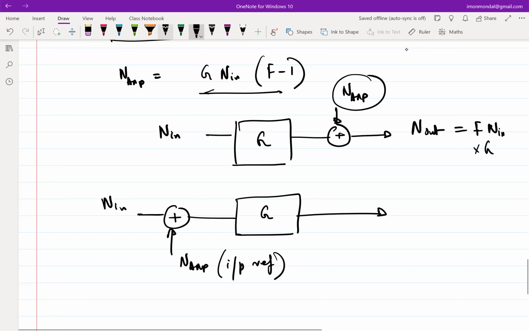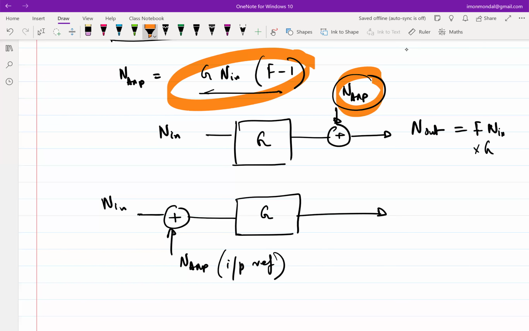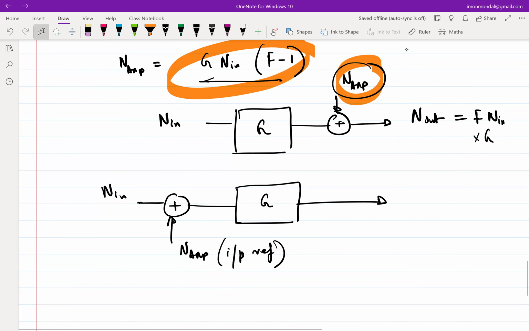Note that in this case, N amp is this, and I am referring it back to the input, and there is no other noise source anywhere. Then what should I do? Simply divide it by the power gain. The G is a power gain, the square is embedded inside. So essentially your input referred noise becomes, in terms of noise factor, N in times F minus 1.